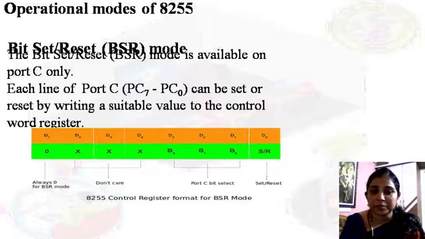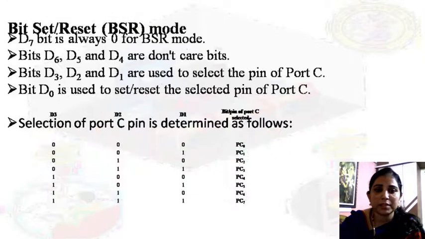And what about port C? Each line of port C, from port C 0th bit to port C 7th bit, all these 8 lines can be set or reset by writing a suitable value in the control word register. What does it mean?